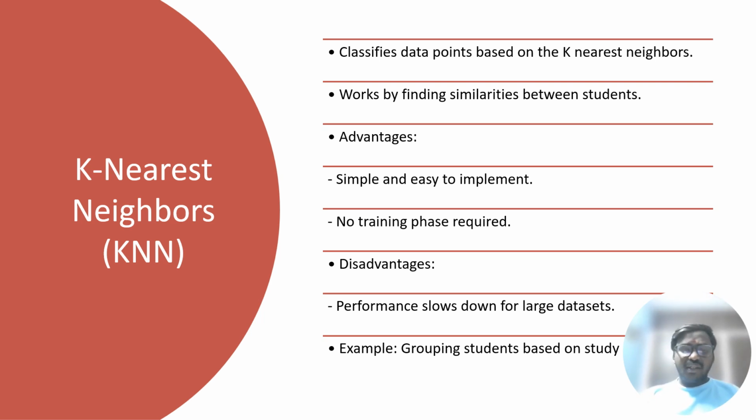It means if we insert large data sets, the performance will be very slow, as the data set is very large. So the disadvantage mainly is this. An example, grouping students based on their study.